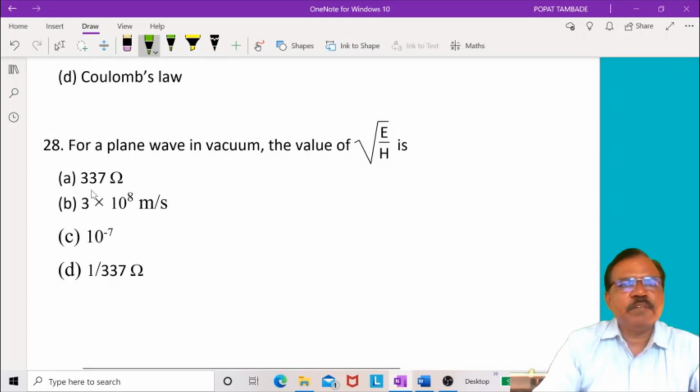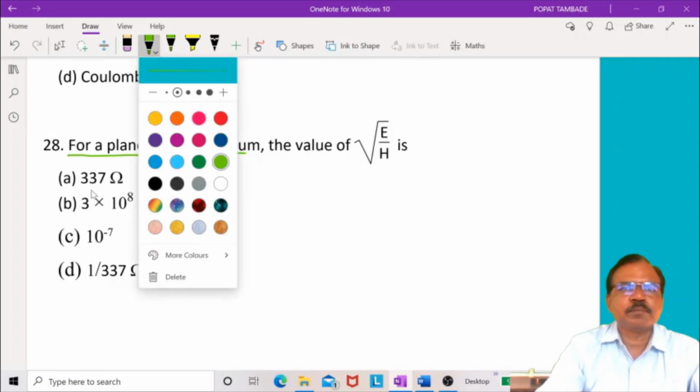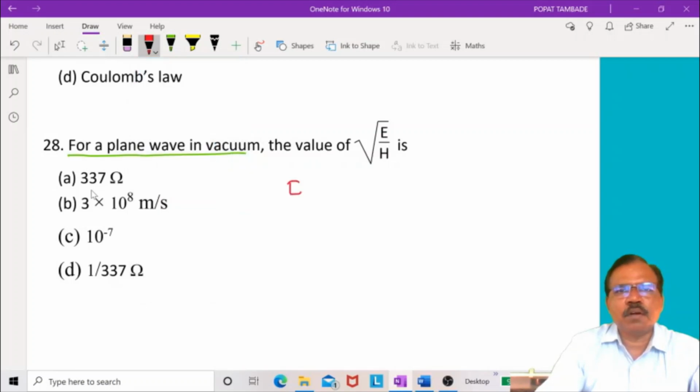For a plane wave in vacuum, the value of E upon H is? Now we know E upon B is equal to C, that is 1 upon root of mu 0 epsilon 0. Now what is B?